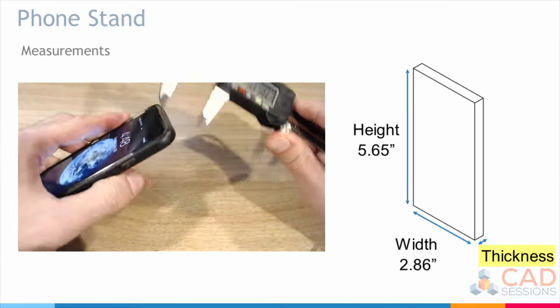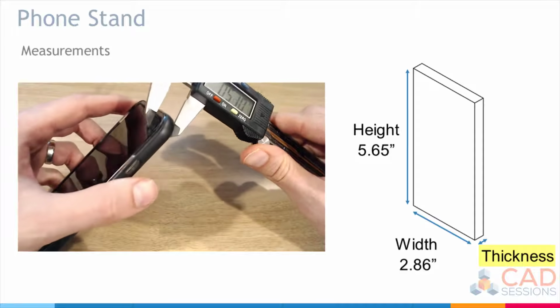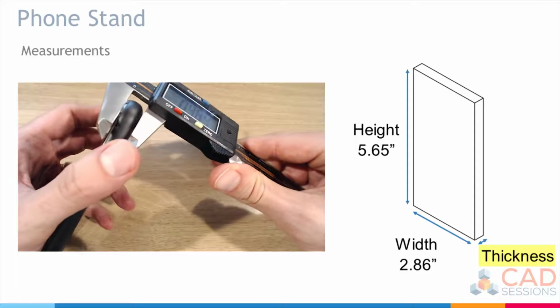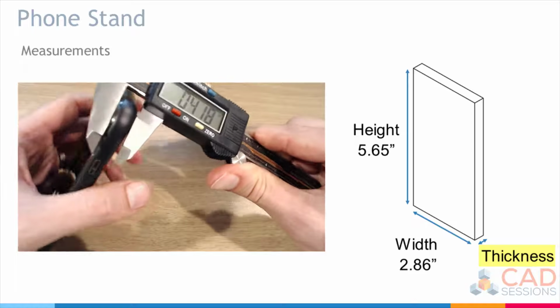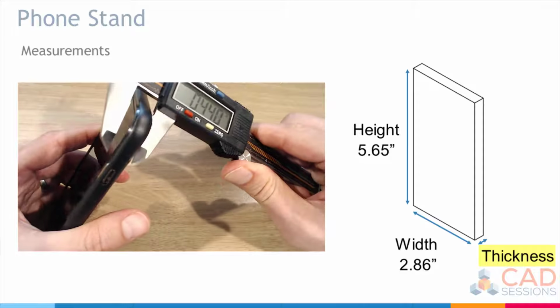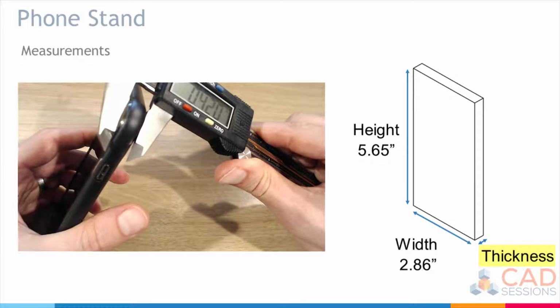And then for the thickness, I have a case on, so you just want to make sure that you're fully contacting the case and the thickness. You just want to be careful where you take the measurement. Just be conscious of, there's a bunch of features, but yeah, so I'm just going to take a measurement here.